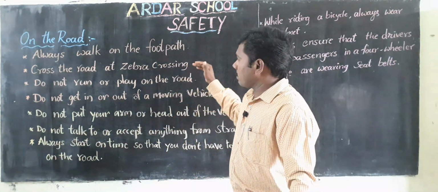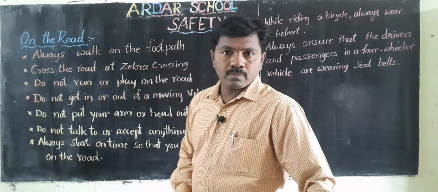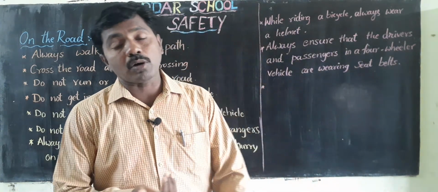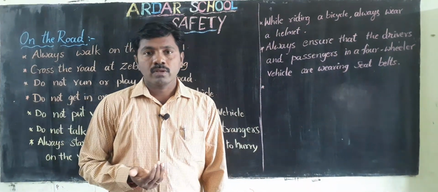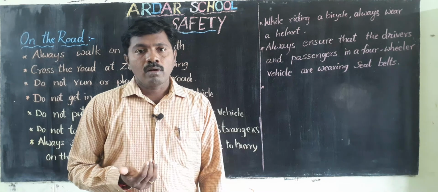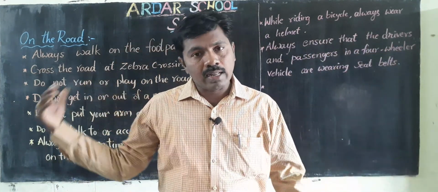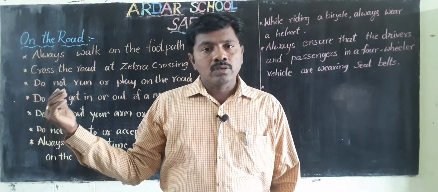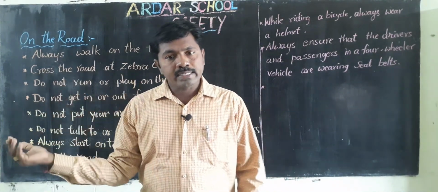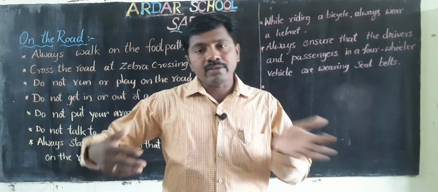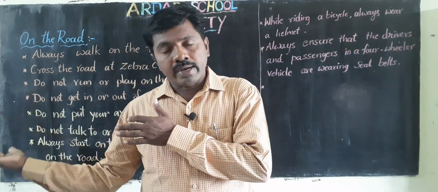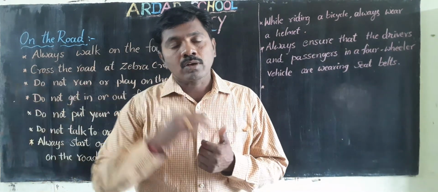So while we cross the road, at that time also we must check. First we observe the right, next the left. First right, then left, again we observe the right, and then we can cross the road.